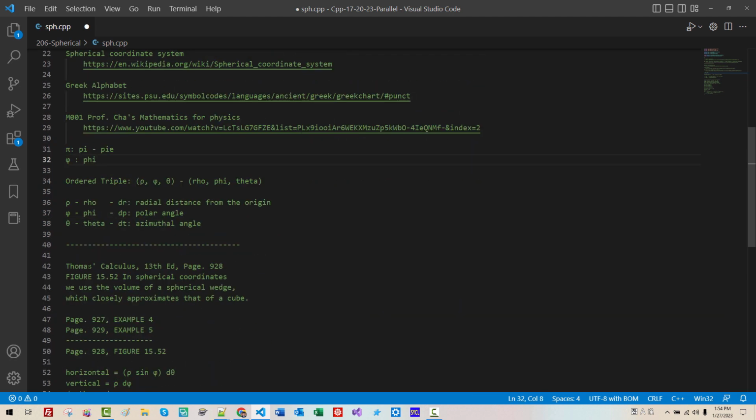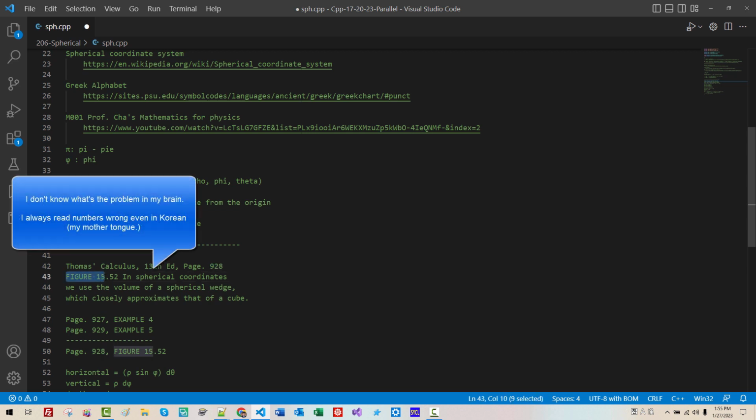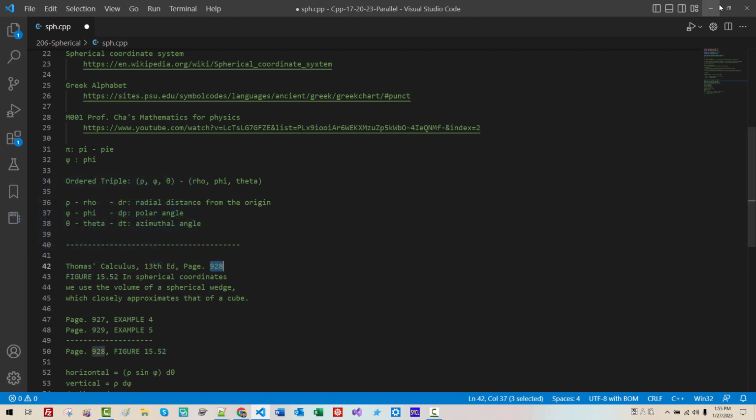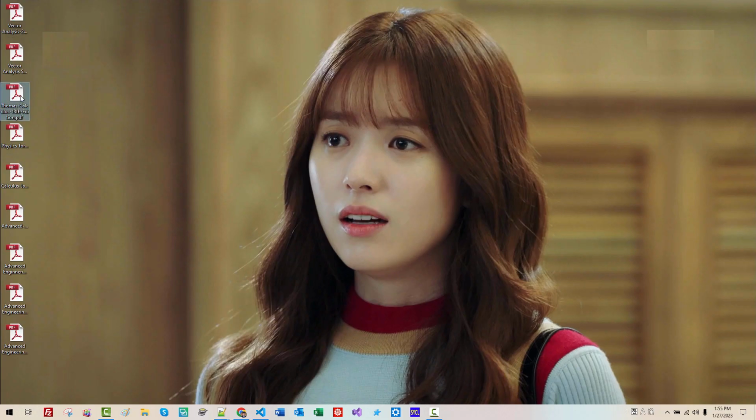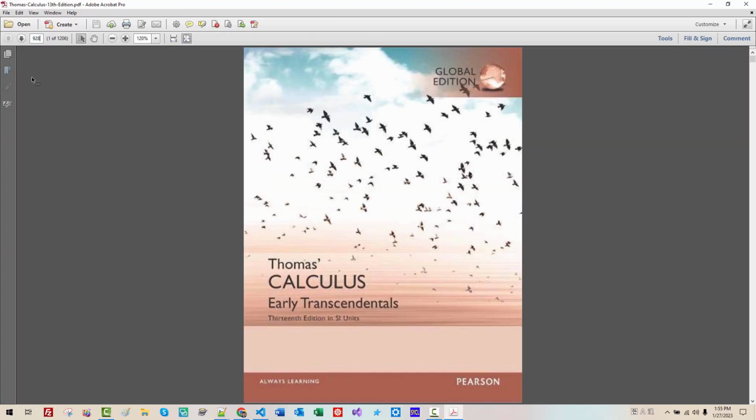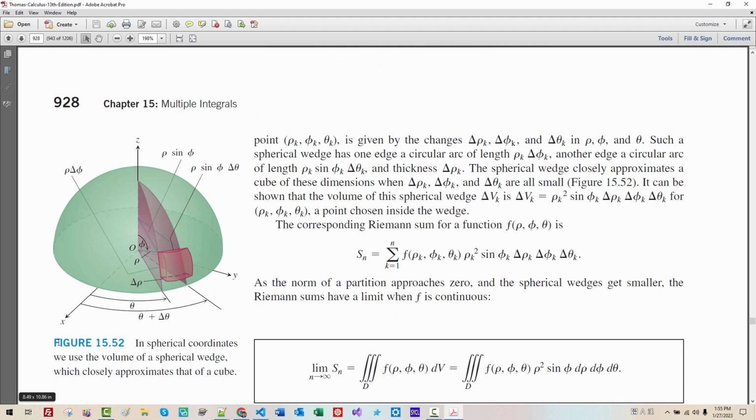Now, from Thomas' Calculus, 13th edition, page 928, figure 15.42. Copy this page number. From Thomas' Calculus, page 928, you can find figure 15.52.